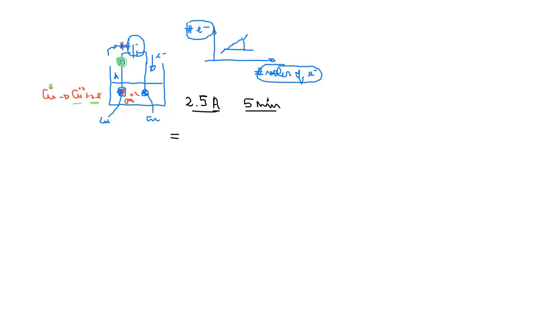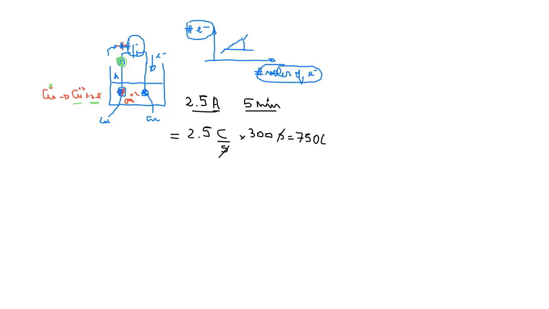So 2.5 amps equals 2.5 coulombs per second. And because I have the time in minutes, I have to convert it into seconds. 1 minute is 60 seconds, so 300 seconds. This cancels, and I obtain that the total charge is 750 coulombs.